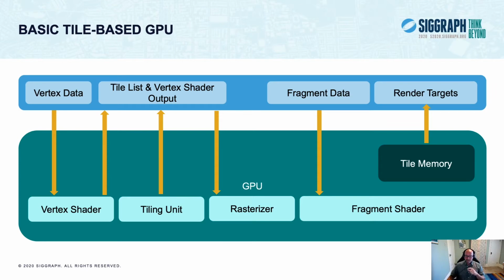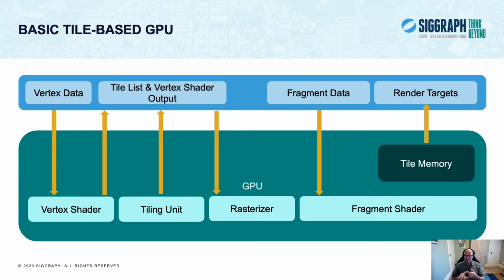Now, the other block of interest here is the one that's labeled tile memory, and the key thing here is that is where the actual work is done. So that tile memory is very fast on-chip memory. It's not cache memory. It's part of the GPU, and it's where the fragment shader actually does all of its work.